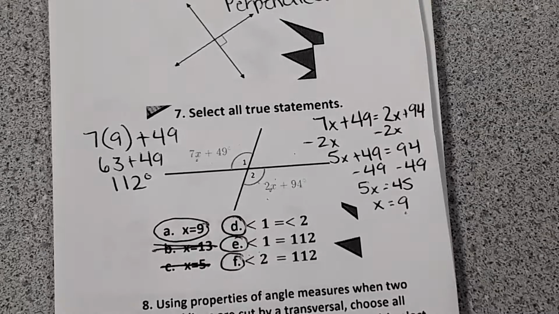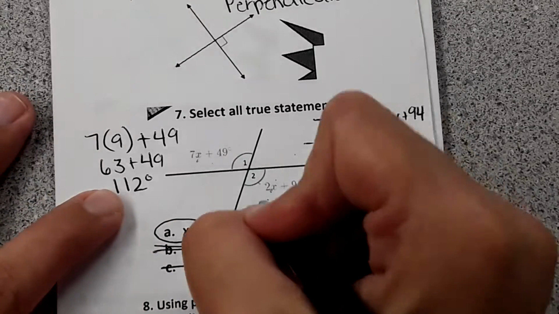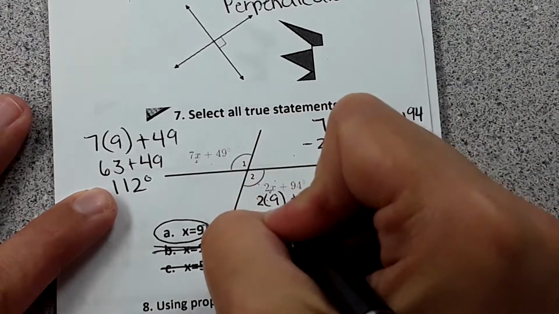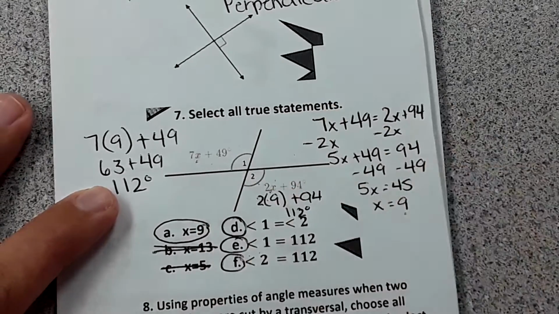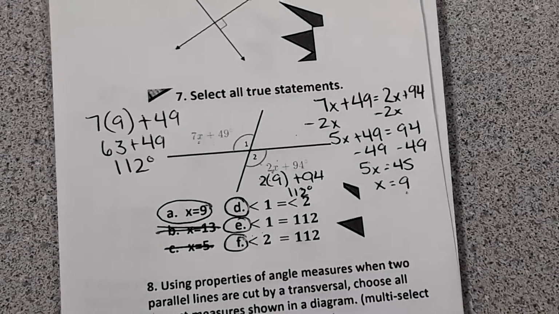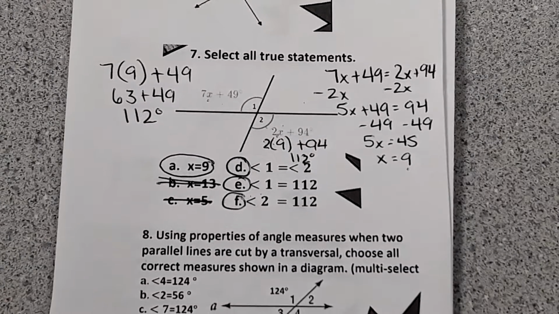But if we wanted to make sure we didn't make an error calculating, you could plug in 9 and solve it out, and you will get 112 degrees. So the answers here are A, D, E, and F. The multi-selects are the hardest to get correct, just because it's almost like several questions in one.